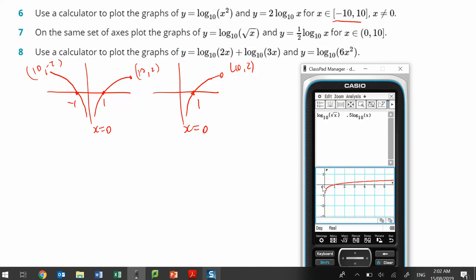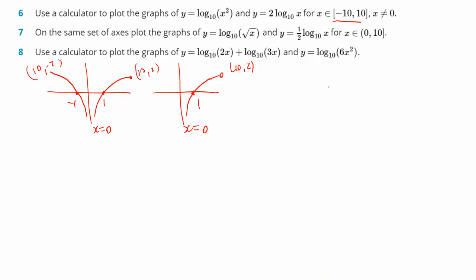For that graph, it's going to look something like this. It's going to have an intercept at 1 and x equals 0 as an asymptote. The domain is between 0 and 10 and doesn't include 0, which makes sense because there's an asymptote there. At 10, make sure it's roughly to scale.